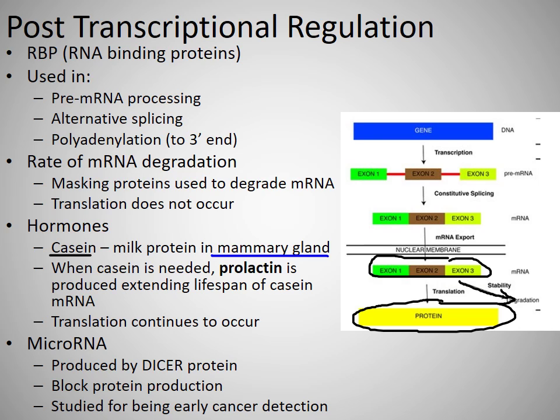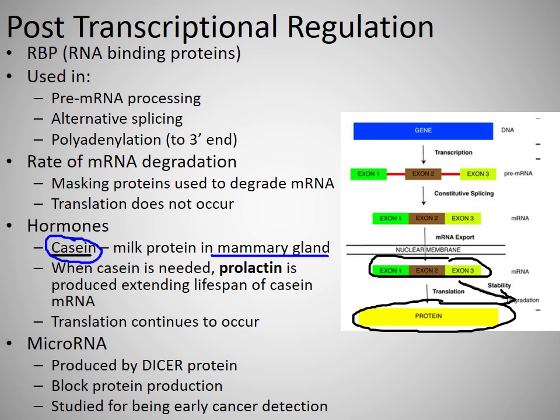If a female needs to produce more milk, because she needs to feed her baby, the mRNA transcript that will produce casein, which is the protein, will need to be extended in the cell. Prolactin is a hormone. Prolactin will send a signal to the cell saying that this mRNA transcript needs to be extended. Do not degrade the mRNA transcript, so translation can continue to occur and casein can continue to be synthesized.